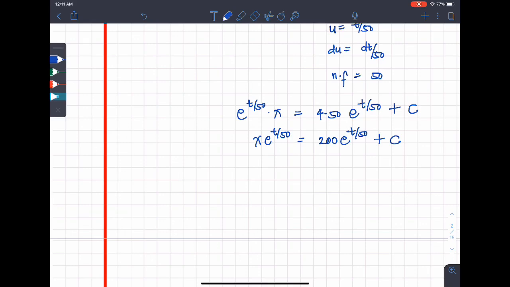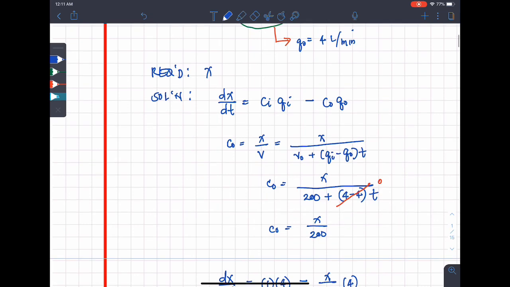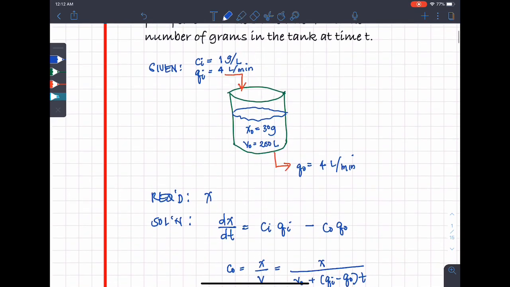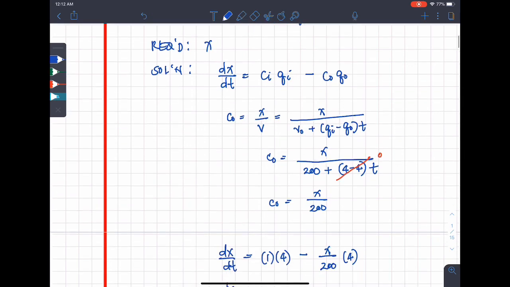So to determine the value of c, we have to take a look at our initial value. So at time 0, initially, the amount of the salt that is present within the mixture is 30 grams. So 30 grams of salt is initially dissolved in 200 liters of fluid.